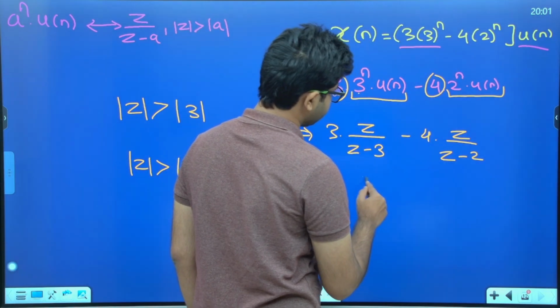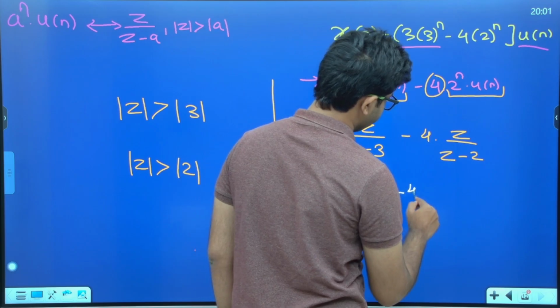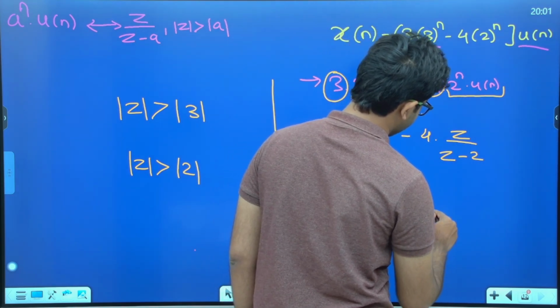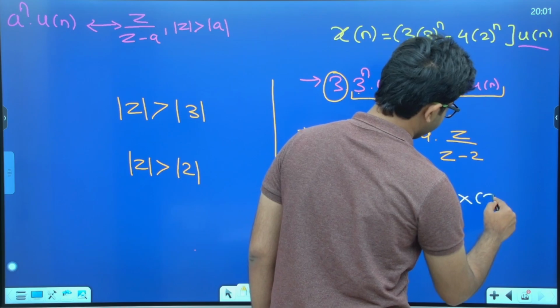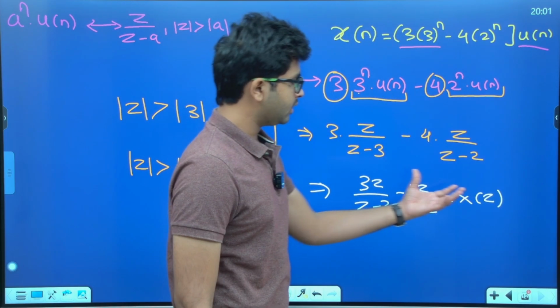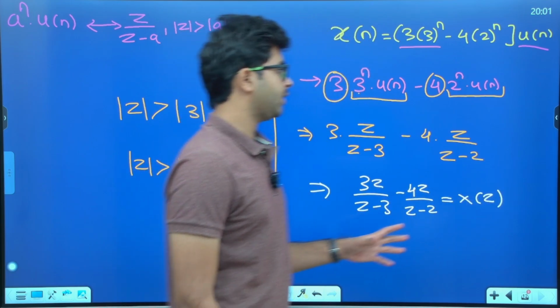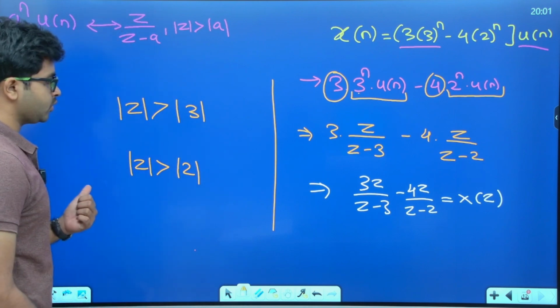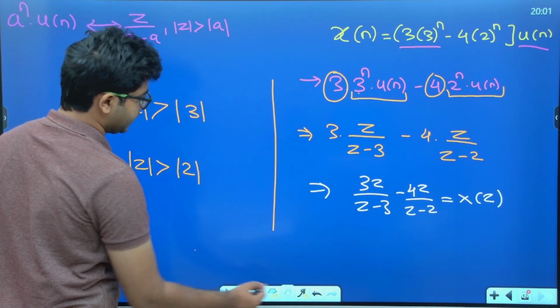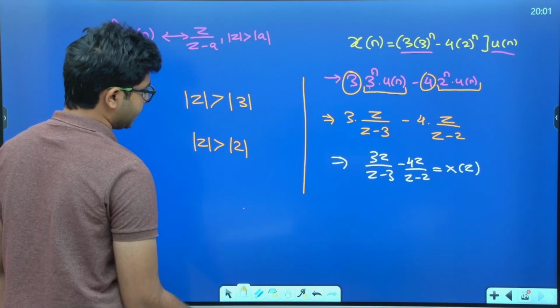Now this is simply 3z upon z minus 3, minus 4z upon z minus 2. This is X of z. We can also simplify further, but if you have written up to this part, it's more than sufficient. Now let's discuss the ROC. The ROC says that our z must be greater than 3 and must be greater than 2.